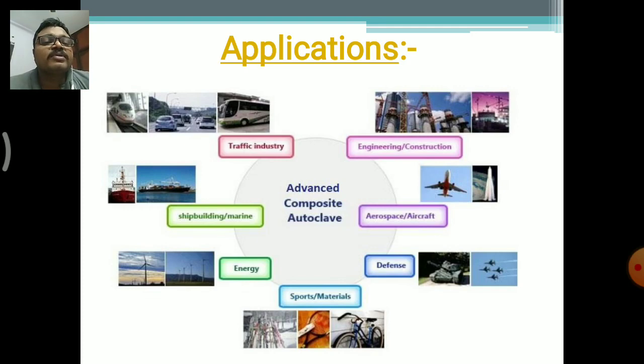So in bicycles, tennis rackets, as well as cricket bats, some parts of the cricket bats use FGM materials only. Next, tennis rackets. The outer layer of tennis rackets is done with these FGM materials only. They are very light in weight and have very high stiffness and strength.